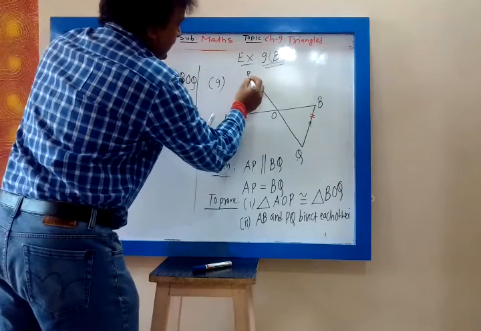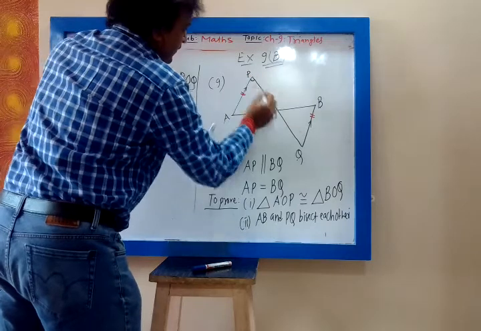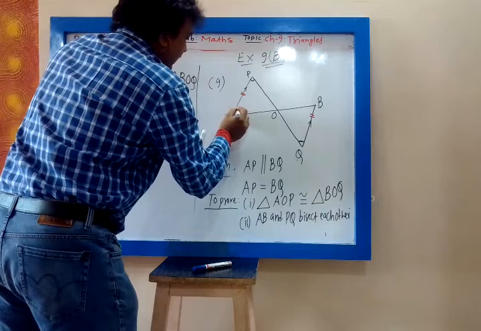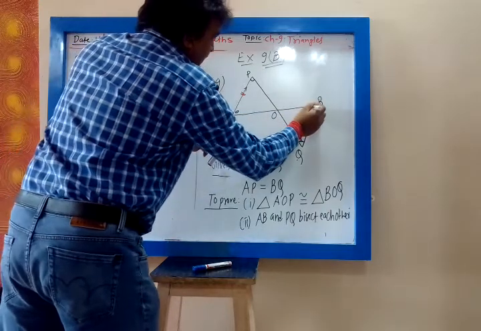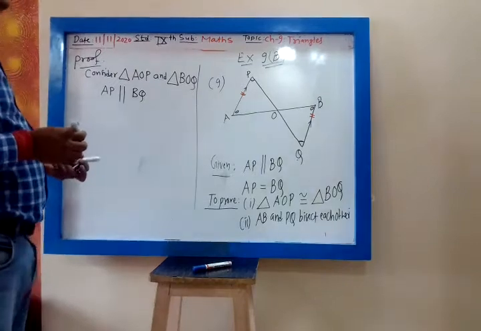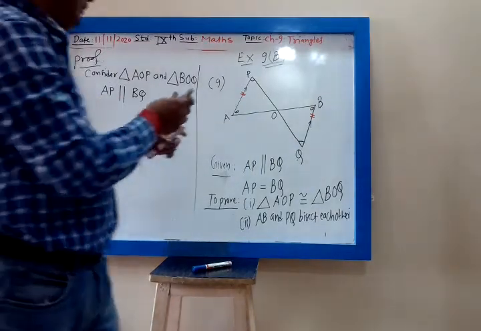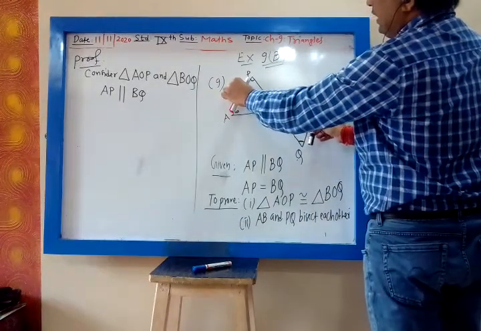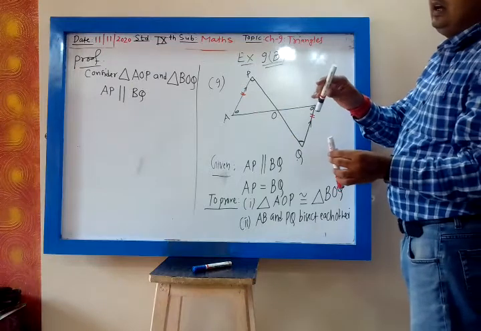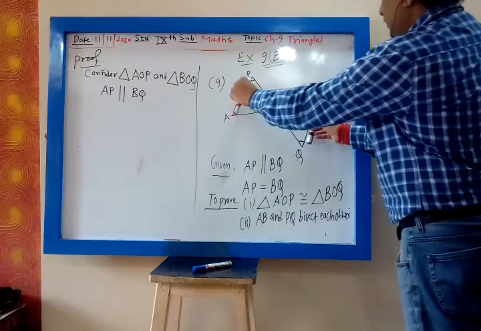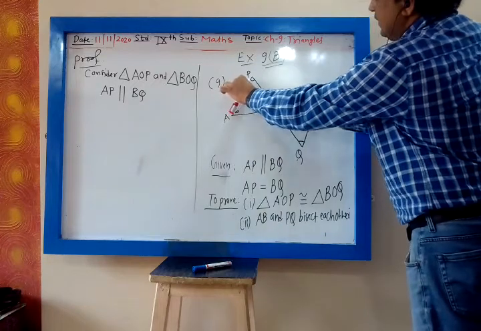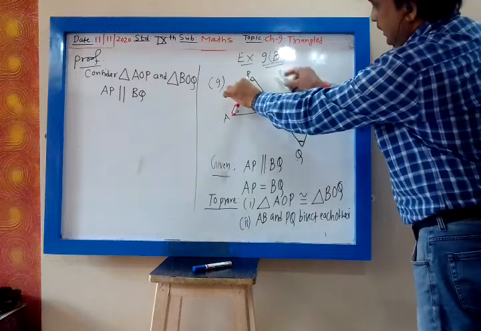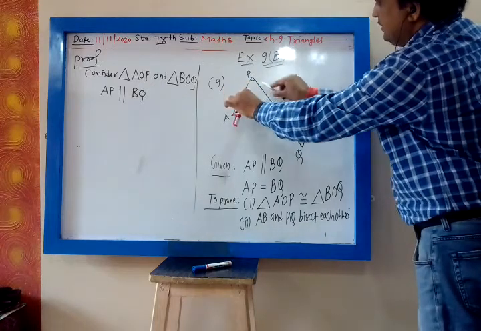Means angle P is same as angle Q and angle A is same as angle B. Remember this, because AP and BQ are parallel. Alternate angle means they lie on the opposite side of the transversal. So this is my angle, this is a transversal. So this angle will be same as this angle, and now PQ is a transversal. So this angle will be same as this angle.